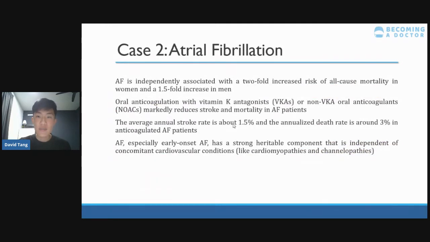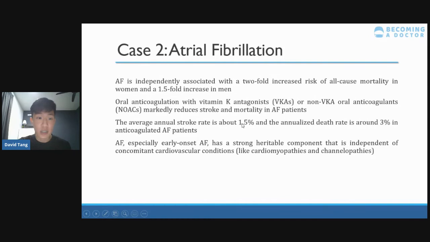So, a little background about AF: it's actually independently associated with mortality in men and women. And in terms of anticoagulation, we can see that anticoagulating the patient reduces the stroke and mortality rate.